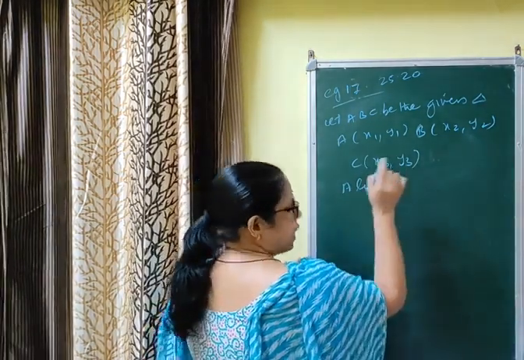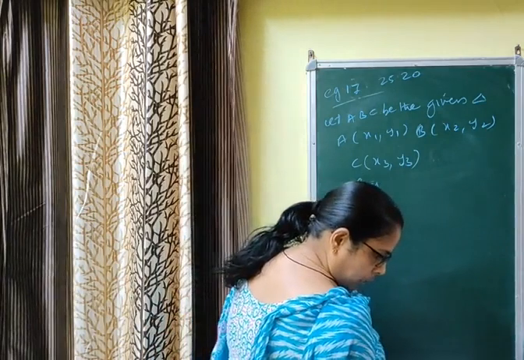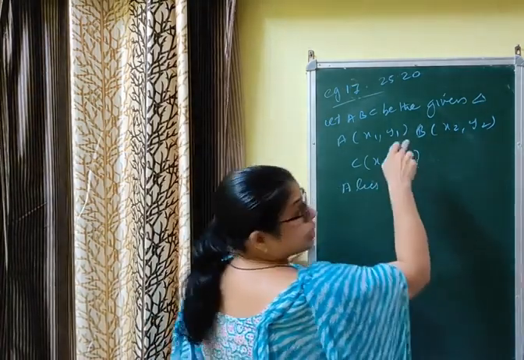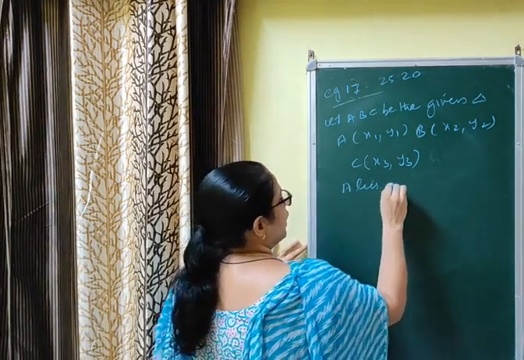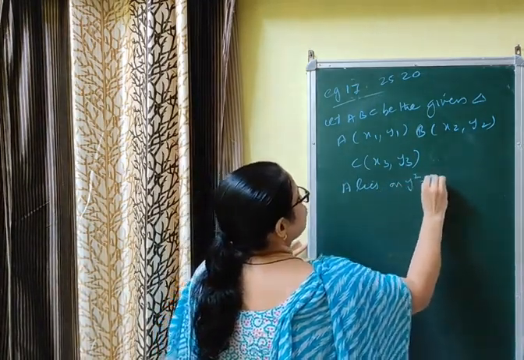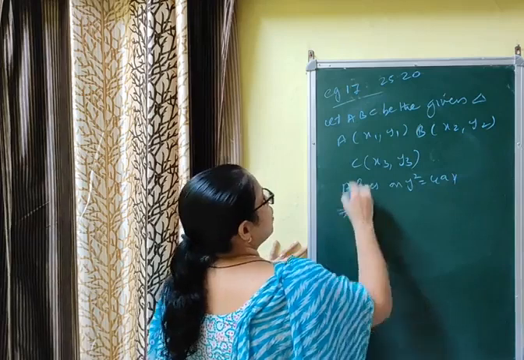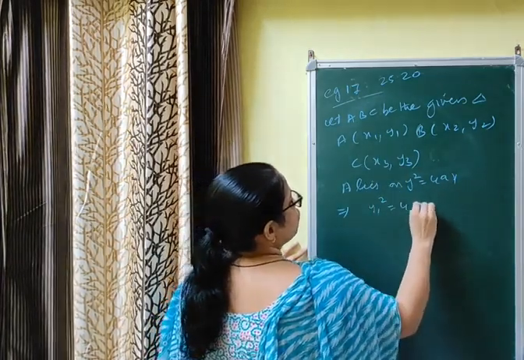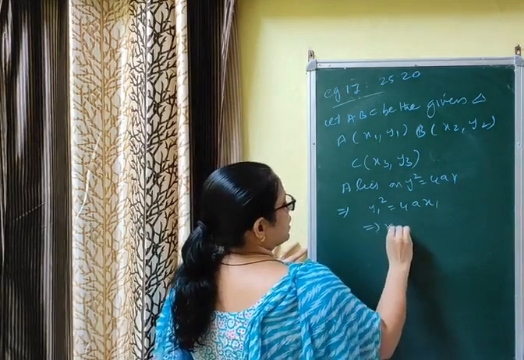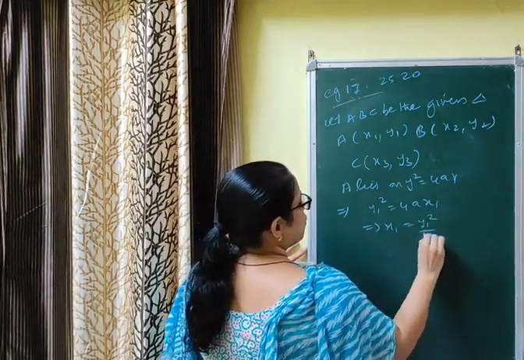You are given that y1, y2, y3 are the ordinates of the vertices of the triangle inscribed in the parabola. Inscribed in the parabola means all the vertices should be on the parabola. A lies on y square equal to 4ax, so replace x and y by x1 and y1. y1 square is equal to 4a x1, which implies x1 is equal to y1 square by 4a.